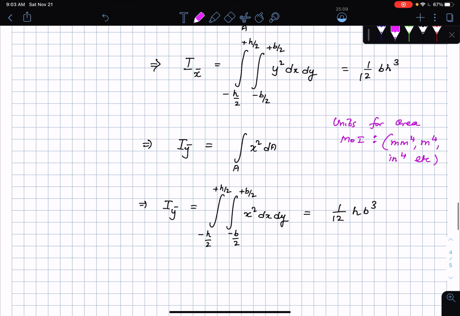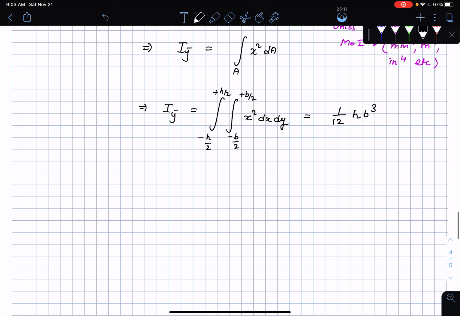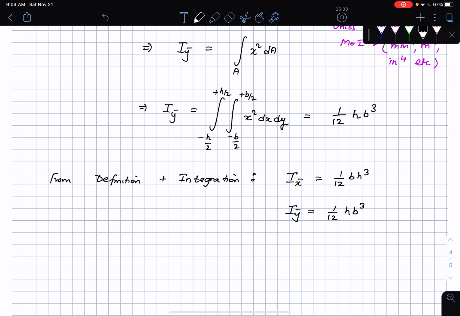Okay, so these are the two things that I know so far. From integration, by the basic definition, I know that Ix bar is 1/12 bh cube, Iy bar is 1/12 hb cube.